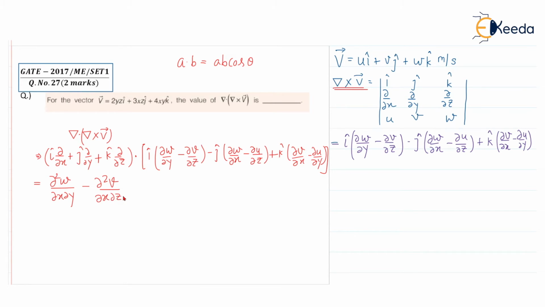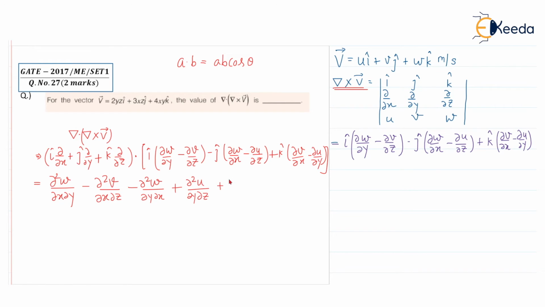Then minus this term into the j term: minus dou square w by dou y dou x, then minus minus plus dou square u by dou y dou z.